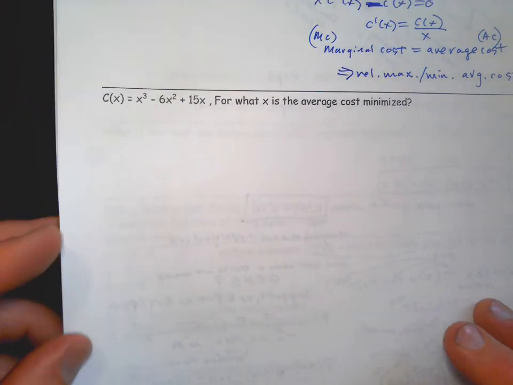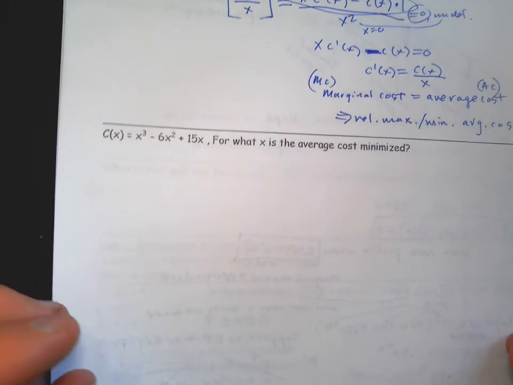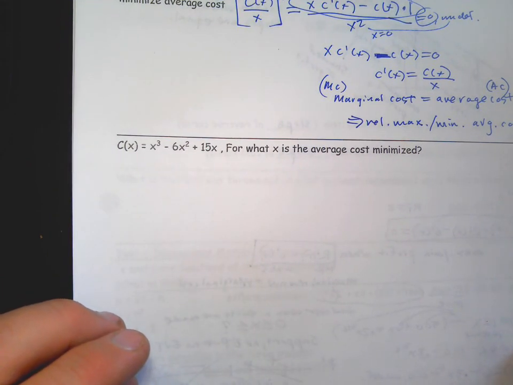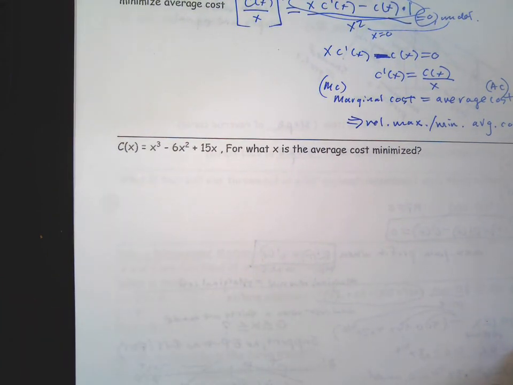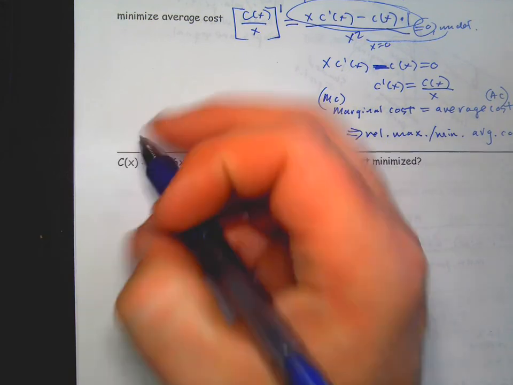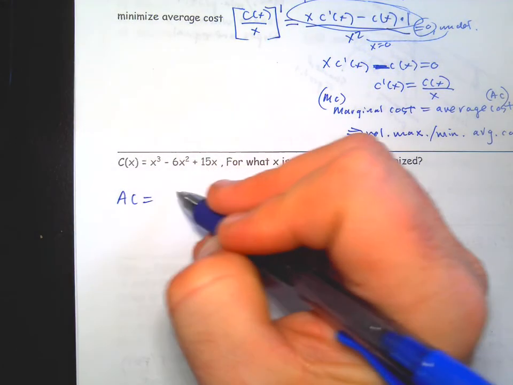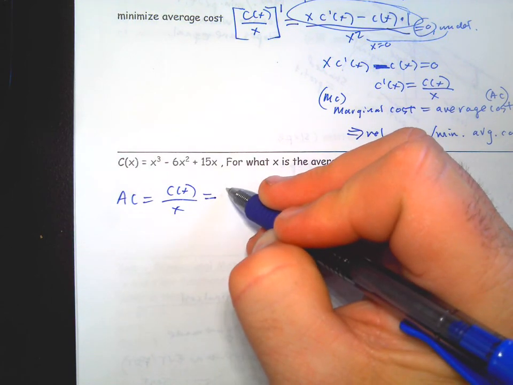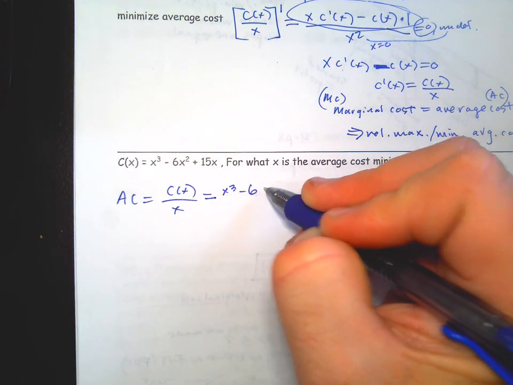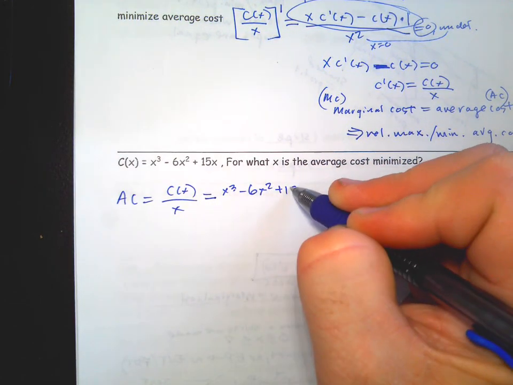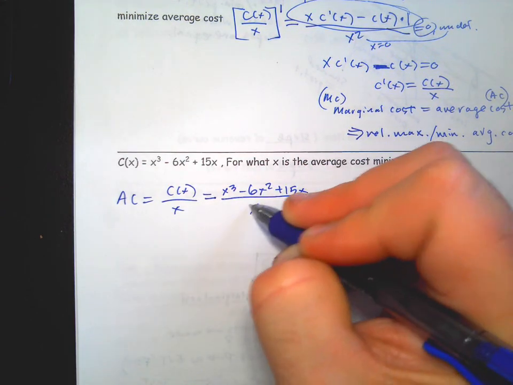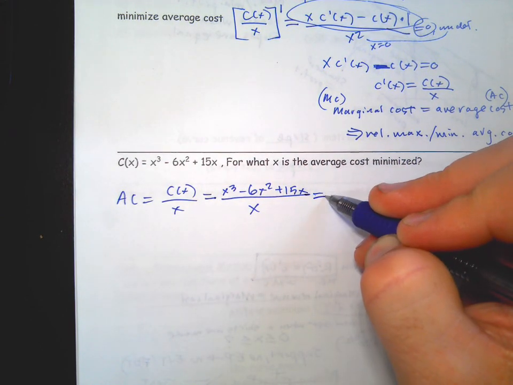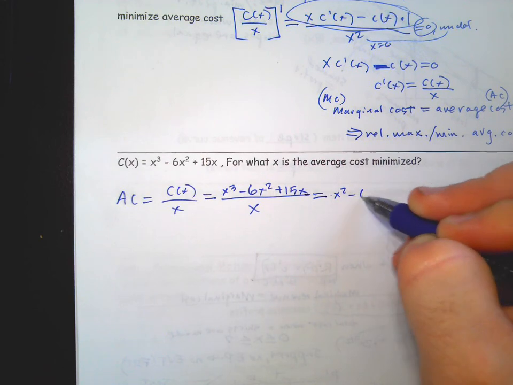So this next problem, here's the cost. For what x is the average cost minimized? Okay, well, we could find average cost, which is total cost divided by x. And this time, since we have an expression, we don't have to be so generic about it. And we actually get x squared minus 6x plus 15.